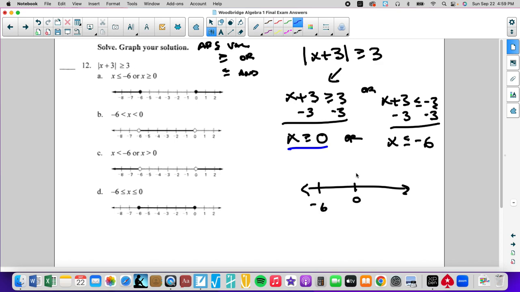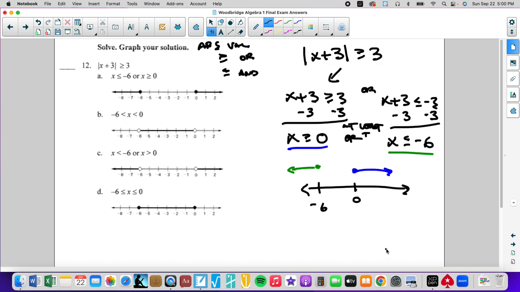So this is going to be a closed circle going this way. We'll write this one. X is less than or equal to, closed circle going that way. Since it's an or, we only need at least one true. And so this is 1, this is none, this is 1.